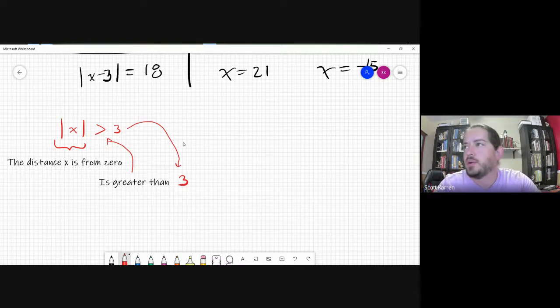So I don't know what number this is, but I do know that it's further away from 0 than 3 is.